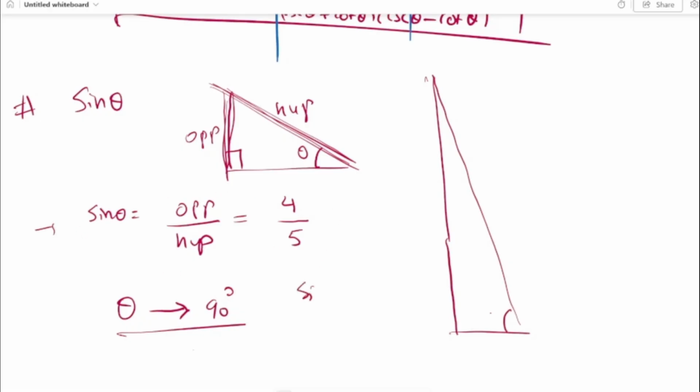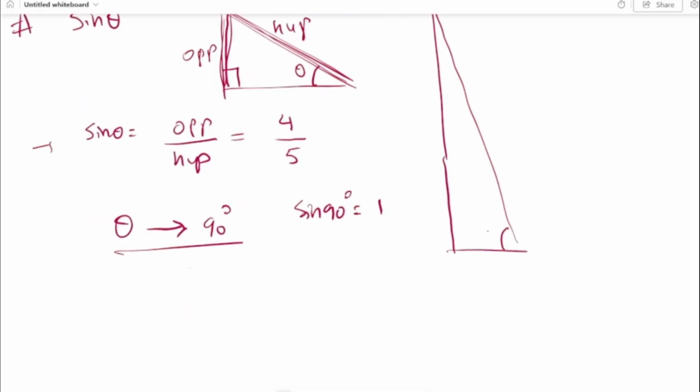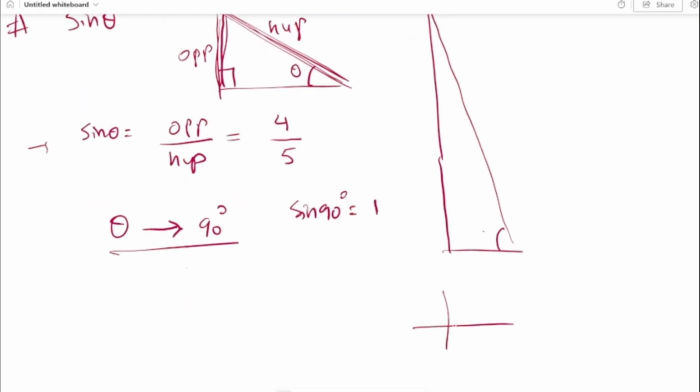So sine 90 is 1. When you plot sine theta, it looks like a curve. This is when you graph it. The maximum value of sine theta is positive 1, minimum is negative 1. And it fluctuates between 1 and negative 1.